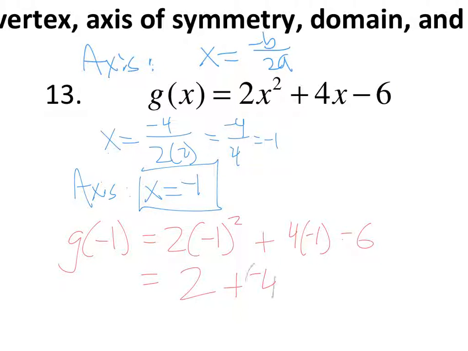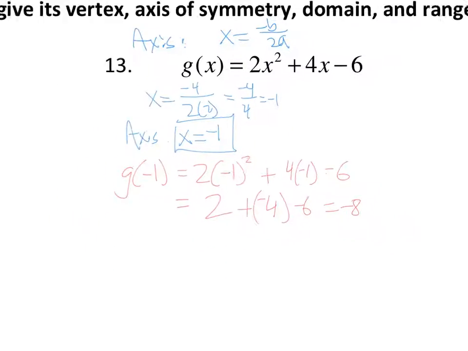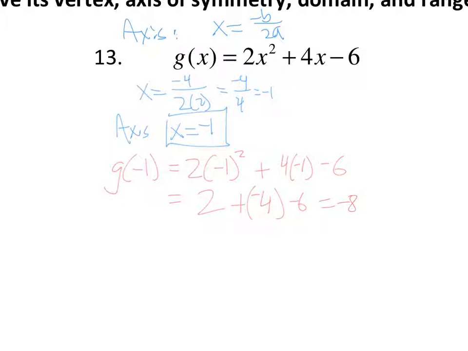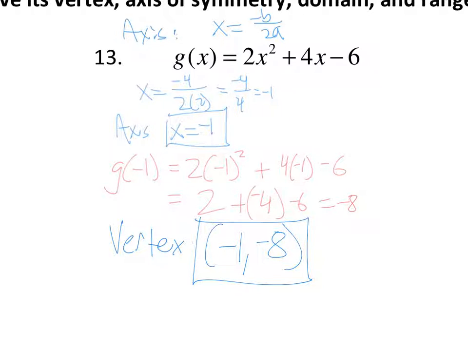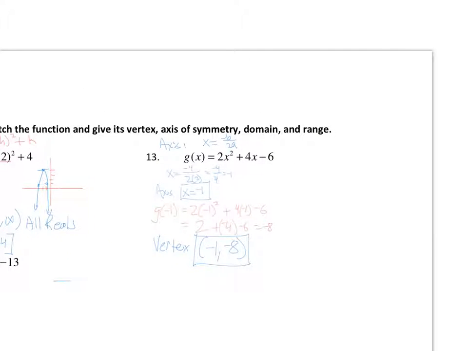This is going to be -4 -6, and 2 minus 4 is -2 minus 6. That's going to be -8. So when x is -1, y is -8. That is our vertex. So our vertex is at -1, the x value of the axis of symmetry, and -8. Okay, there you have it.